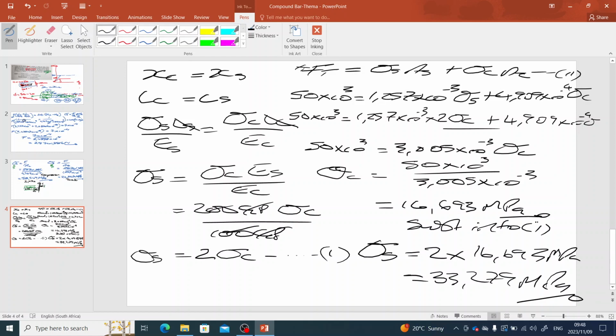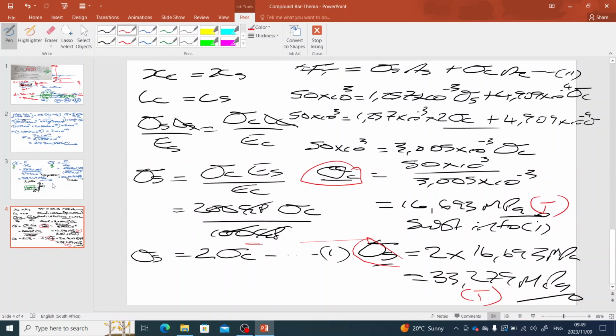I've managed to calculate the stress steel and the stress copper, as a result of the force applied. Remember, as I've explained, the stress here is tensile.